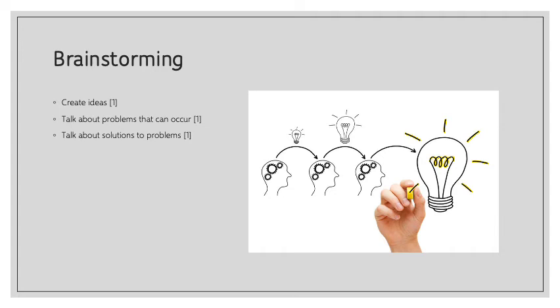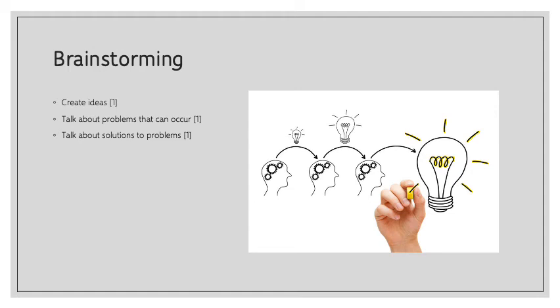You're bouncing the ideas off and making them better. Brainstorming is also pretty good because you think about problems that can occur and then figure out solutions to the problems that may occur or problems that you already have. And by discussing it, you're able to think more clearly and get an idea from someone else.